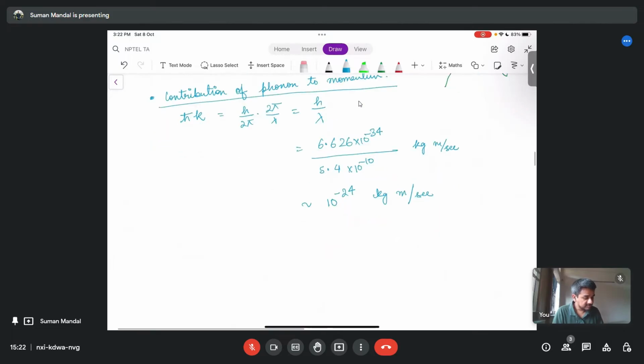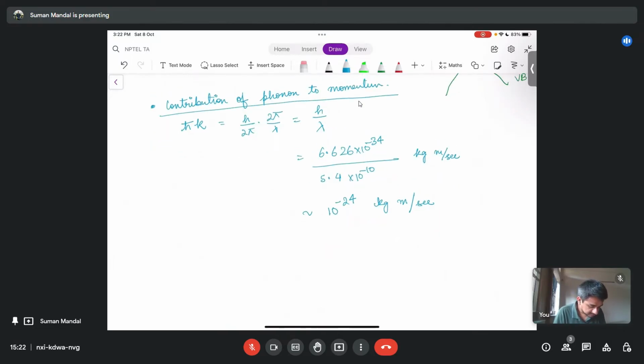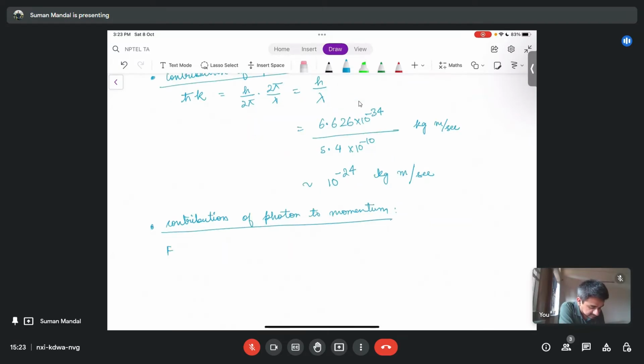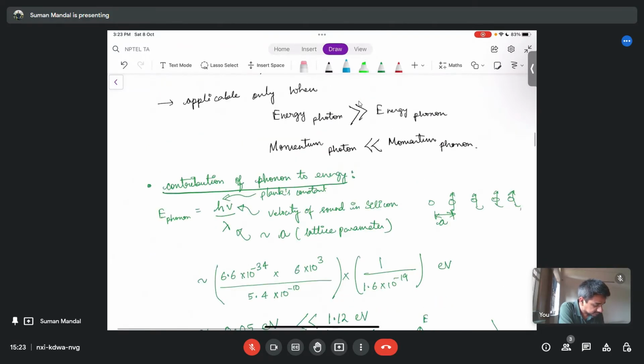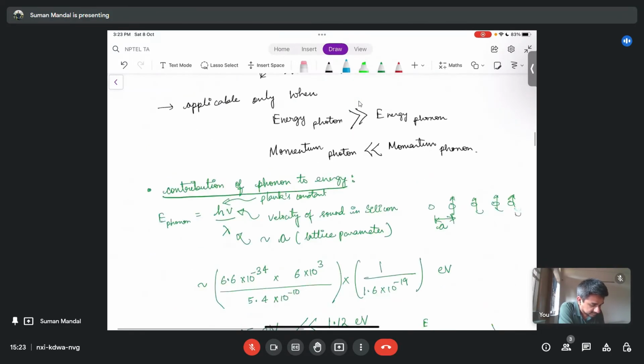And now we'll find out the contribution of photon to momentum. So for this, we need to find out the value of k, the wave vector. So we see that energy is equal to 1.12 eV, the band gap. Where is it? I think it is 1.12.